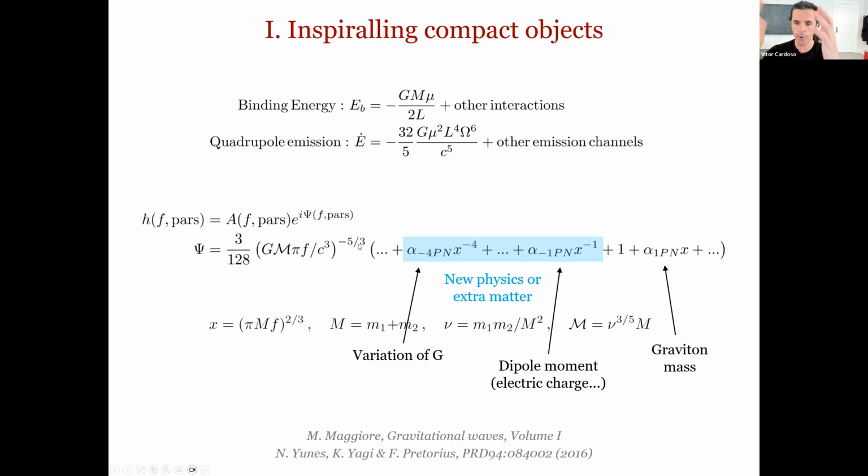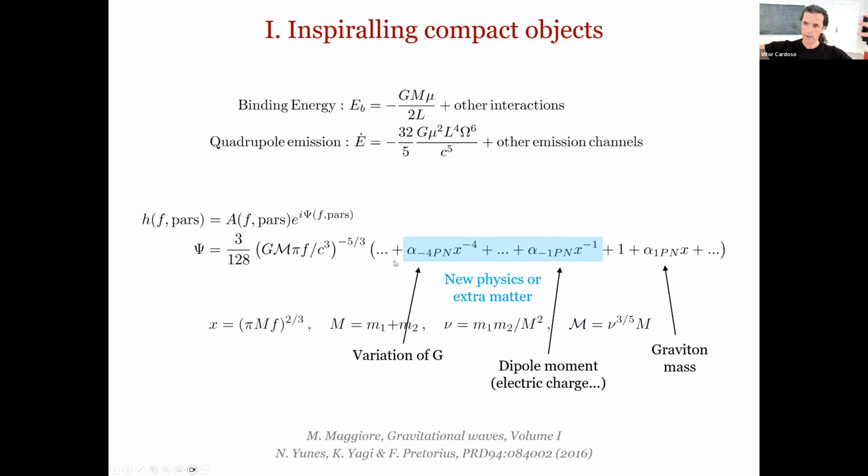This is pure general relativity, but you might have a dipolar term. This comes at -1 PN order. I'm going to call these PN orders depending on the exponent of this variable x, okay? For example, if Newton's constant varies as a function of time, at least in some theories, this comes as a -4 PN term.